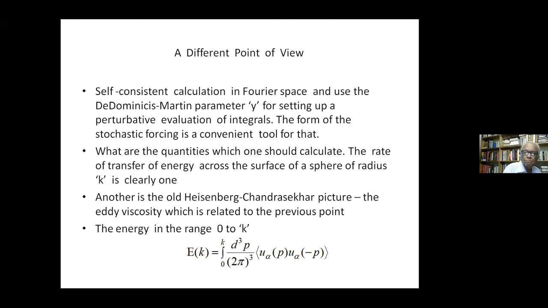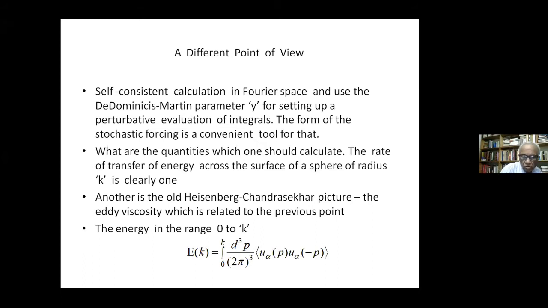What's the other? The other is in a way also related to that, in the sense that it is related to this transfer. It is the old Heisenberg-Chandrasekhar business of eddy viscosity, which we'll see is a quantity which just automatically arises in a diagrammatic business.